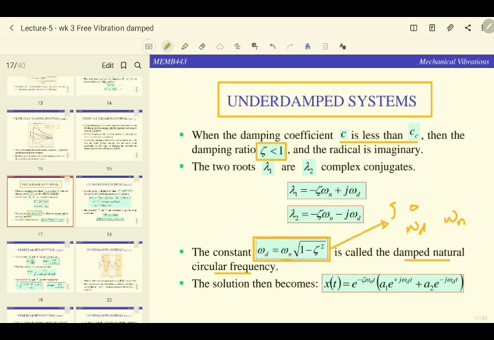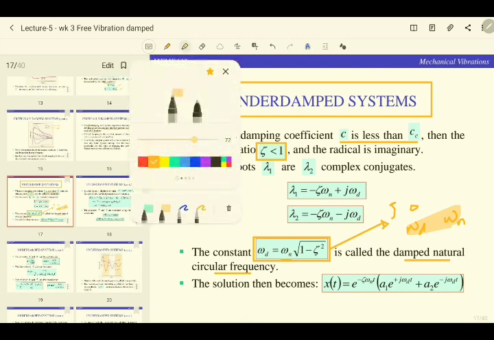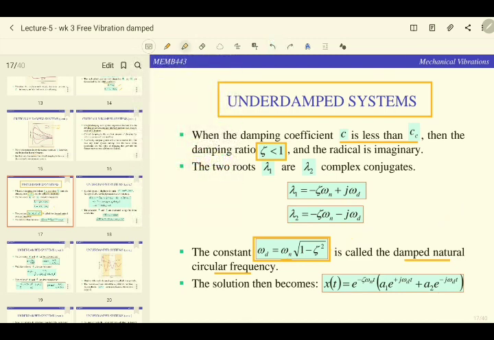So when zeta equals 0 for undamped, as in the previous lecture, you do not have omega d per se, because your omega d is actually your omega n, since there is no damping.